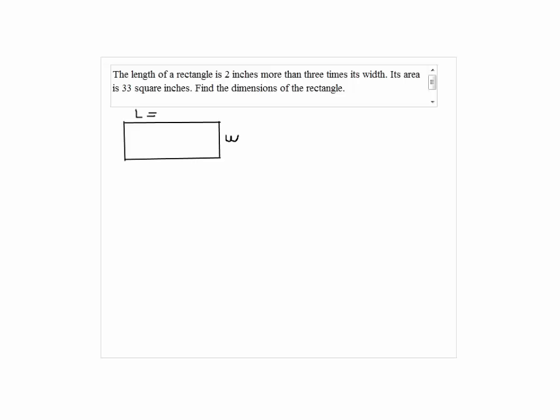The length of a rectangle is 2 inches more than 3 times its width. Let's take a look at the picture.